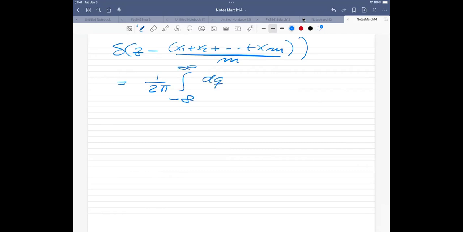So this is the exponential, and then I have an iq, and then I have z minus (x1 plus x2 up to xm) divided by m, like this. Now, the thing is that these variables, these x1, x2, etc., they are the same.